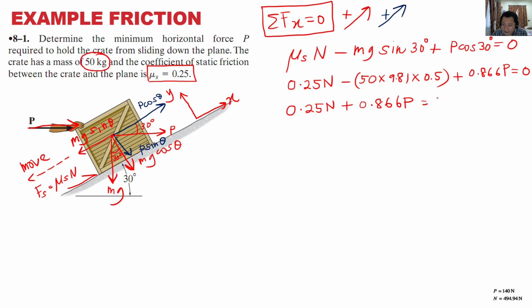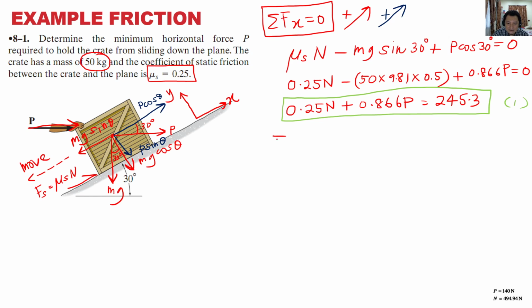So bring it over here, it becomes a positive 245.3. So this becomes your equation number 1. Alright, so we are halfway there.